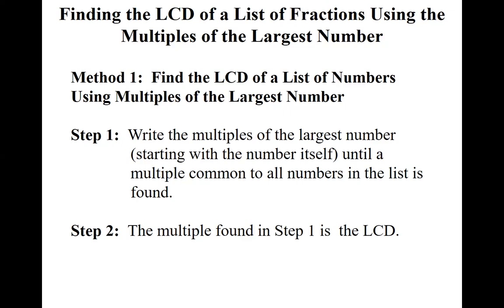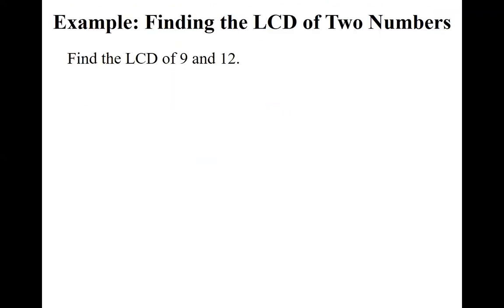The first method is by using multiples of the largest number. I'm going to jump straight to the example to make sense of this process. The largest number is 12.